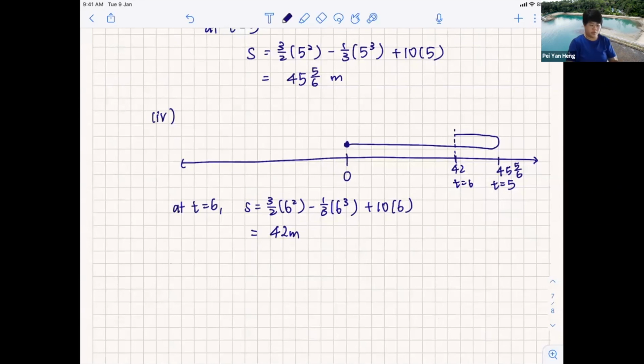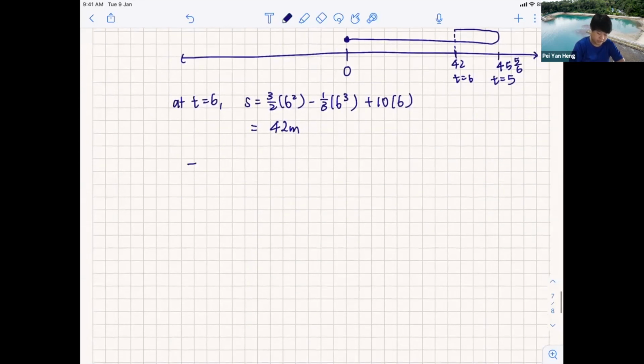Between 5 seconds and 6 seconds, you need to calculate what is this distance. So your total distance, you will take 45 and 5/6 and add the difference between the 5th second and the 6th second.